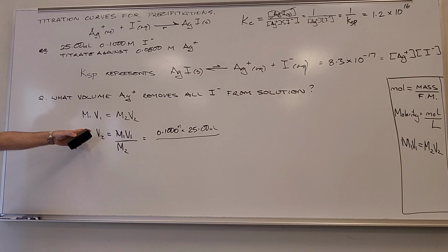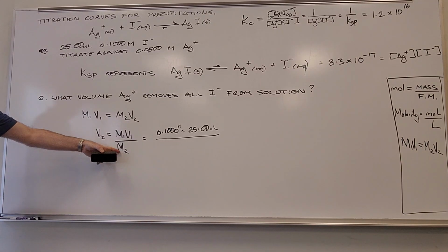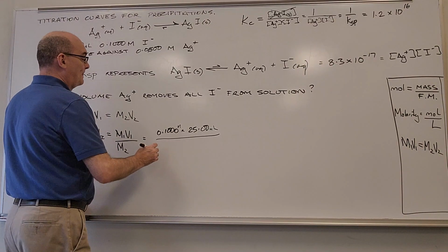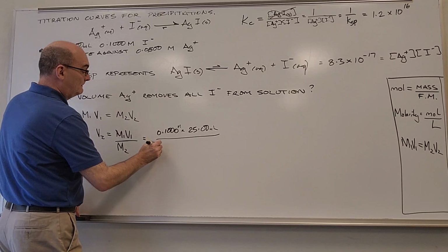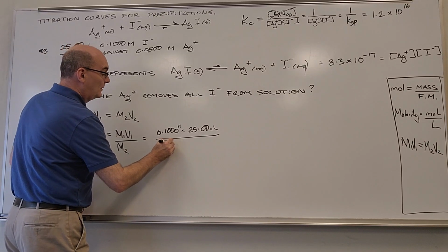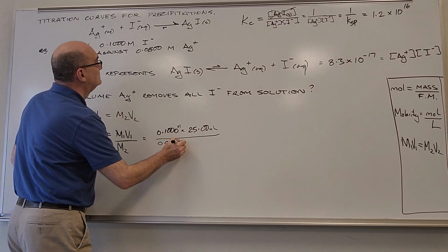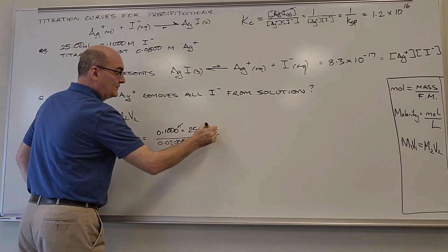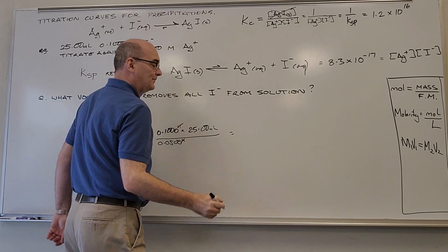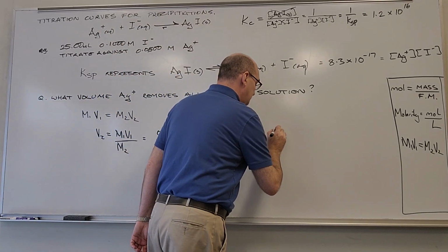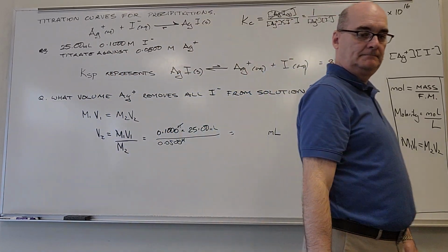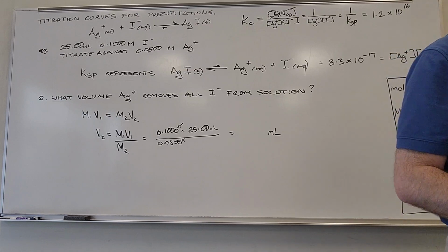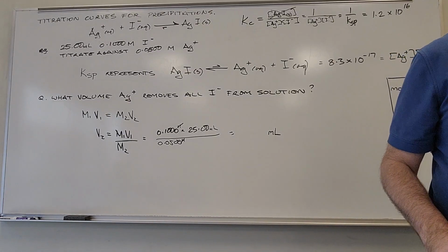I'm looking for the volume, but the volume couldn't have been down there. I'm leaving the molarity down there: 0.05. Those molarities cancel, giving me an answer that is in milliliters. I got 50.